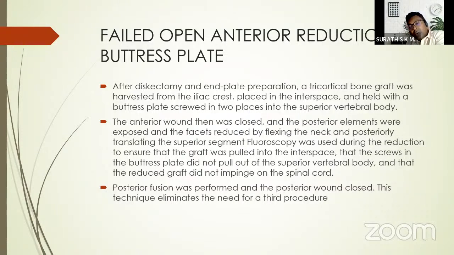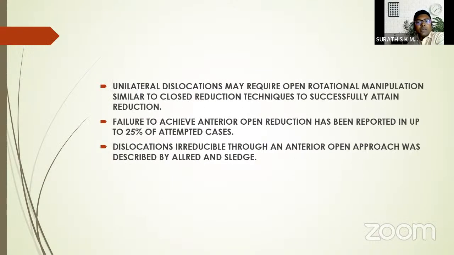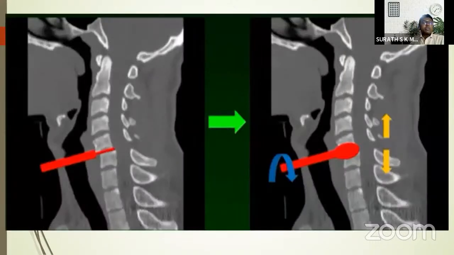We can avoid that and just do anterior and posterior. Otherwise, if the anterior approach fails, you go posterior, but then you have to come back to the anterior and do the fixation and the fusion. I haven't tried that. So these are the methods of anterior reduction.